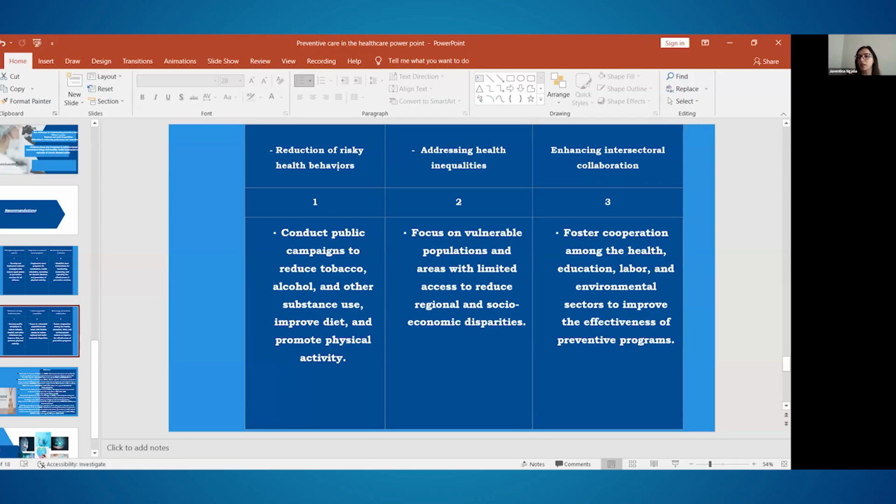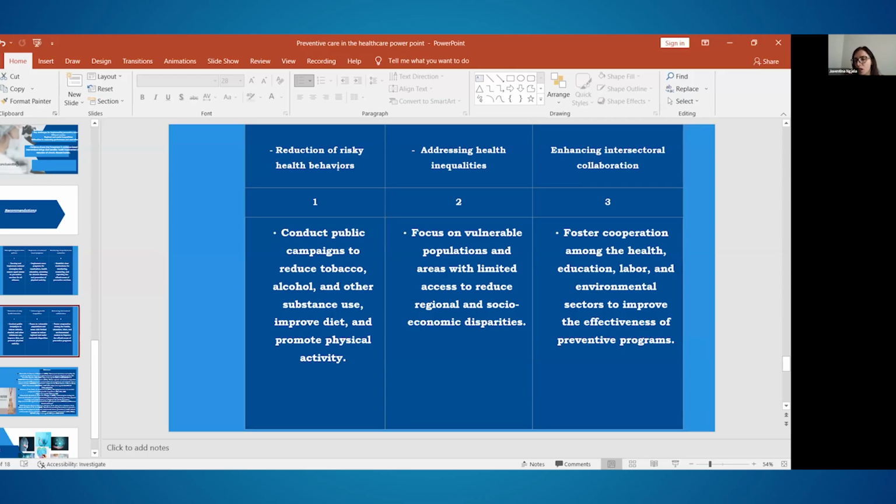The fifth, addressing health inequalities: focus on vulnerable populations and areas with limited access to reduce regional and socio-economic disparities.